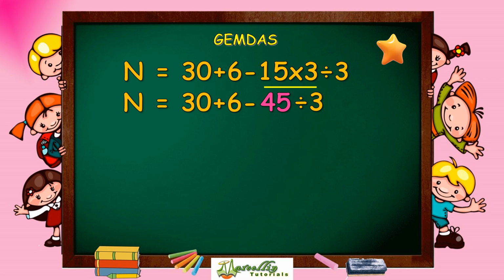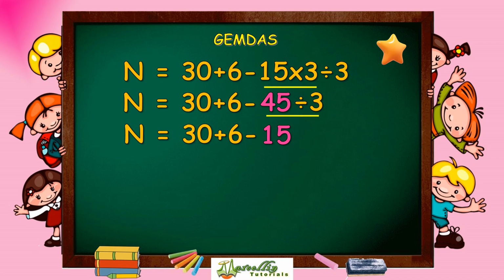Next, we have division. So let's do 45 divided by 3. Let's copy the numbers on the left of 45 divided by 3. Then, let's write the quotient of 45 divided by 3, which is 15.